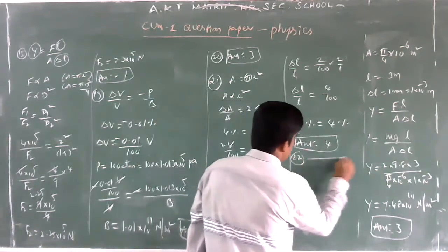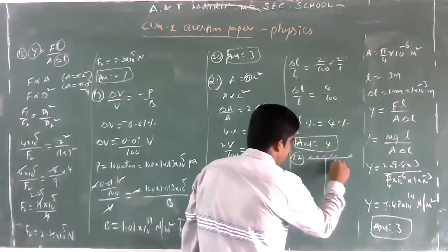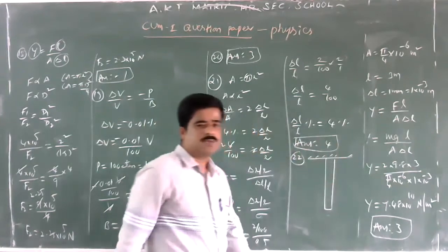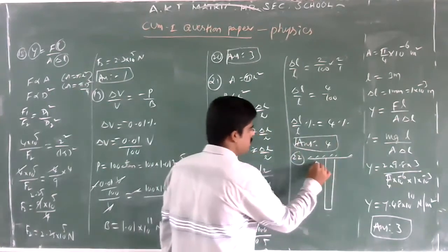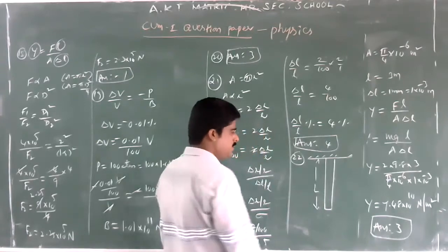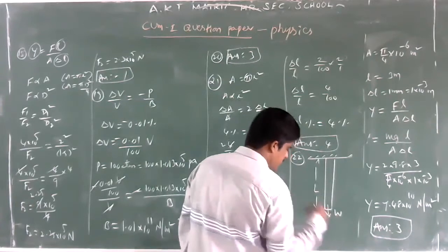See, this is one rigid support. One rod is suspended from a rigid support. Total length is L. Its weight is W. Here we have to assume a certain weight is attached at the frame.